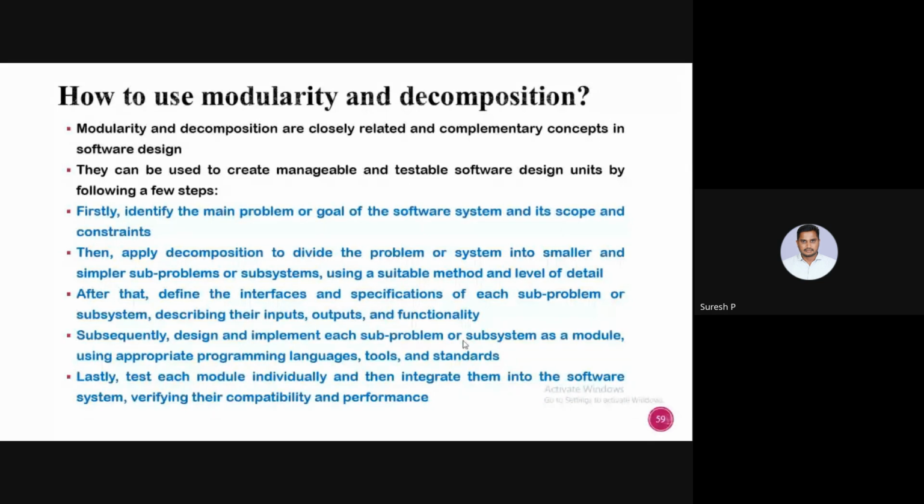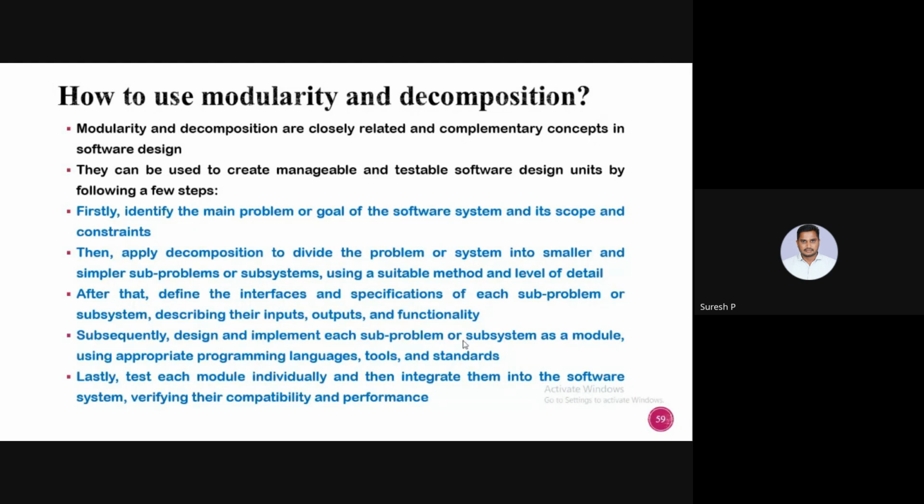Then the final one is we have to test every subproblem, every module, every subsystem individually, to ensure the correctness of the particular subsystem. Then finally, we are supposed to integrate all the modules into a single one in order to create the full-fledged software.